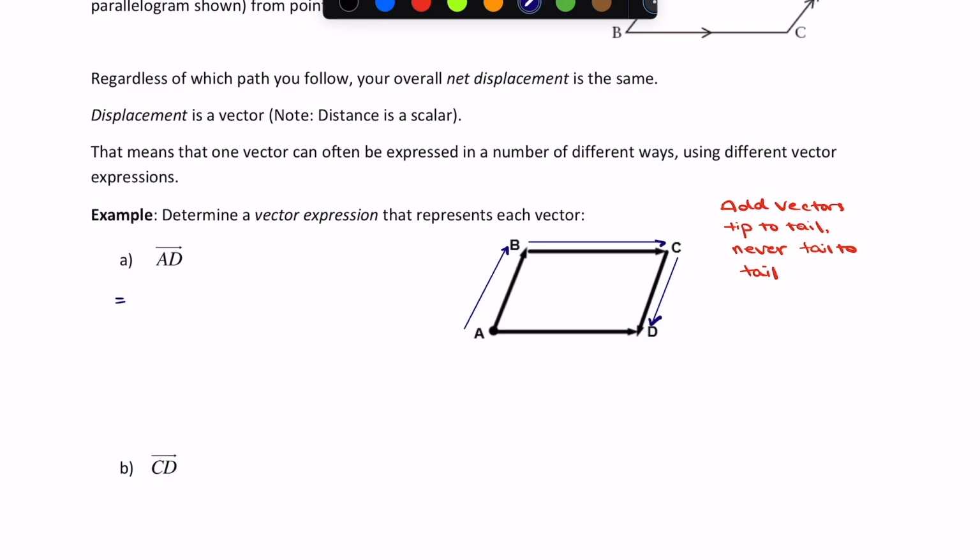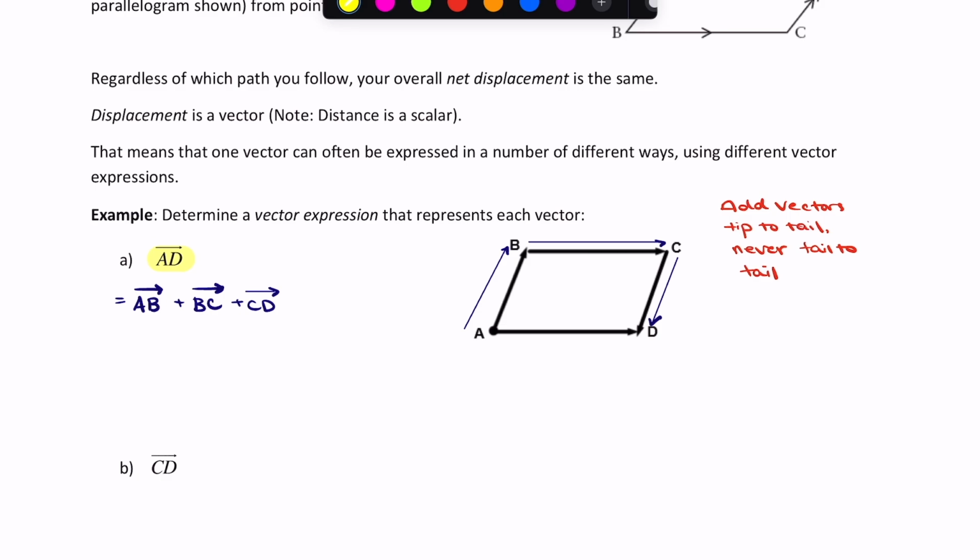And so here, if we write that out, we go from A to B. So that's our first vector, A to B, plus B to C. That's our second vector, plus C to D. And here, what you'll notice is that what we're looking to get to is vector AD.